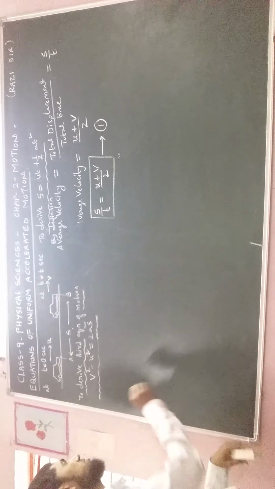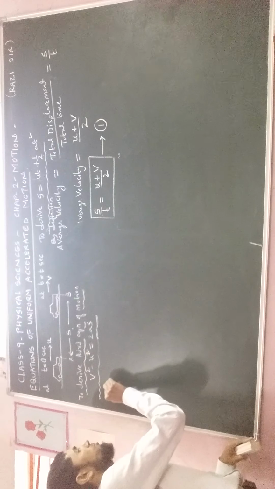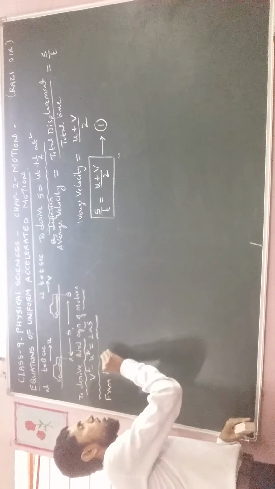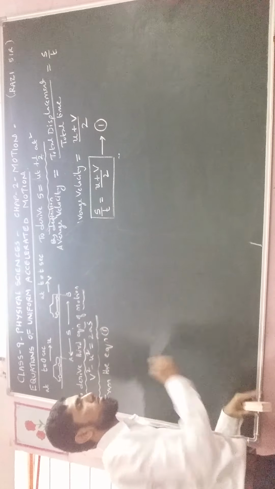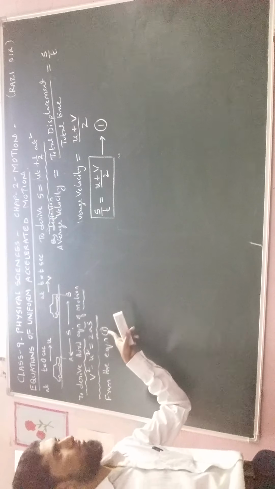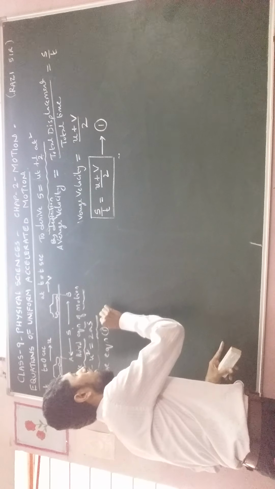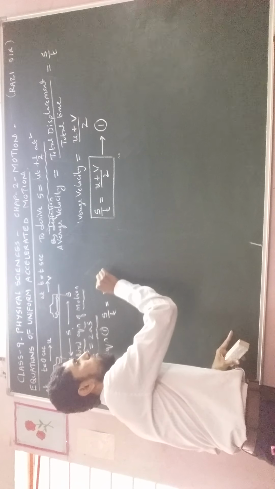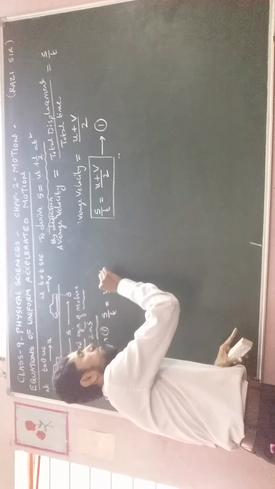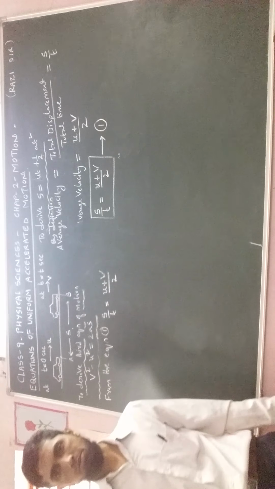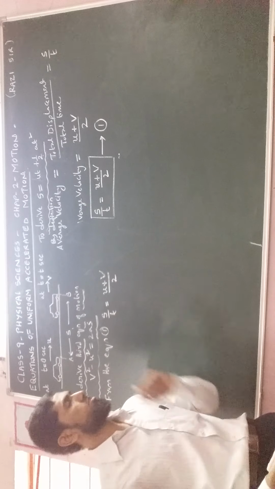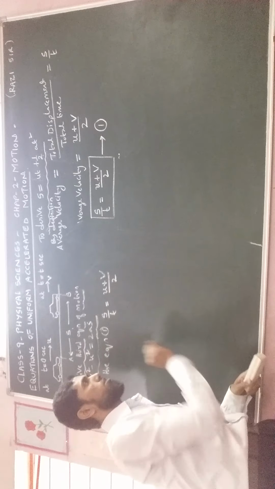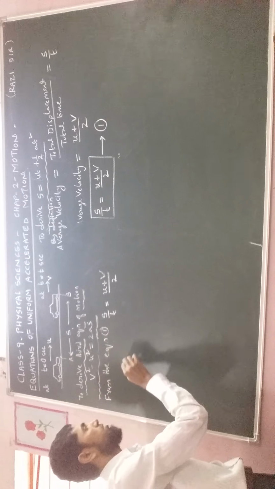From equation 1, we have s by t equal to u plus v by 2.